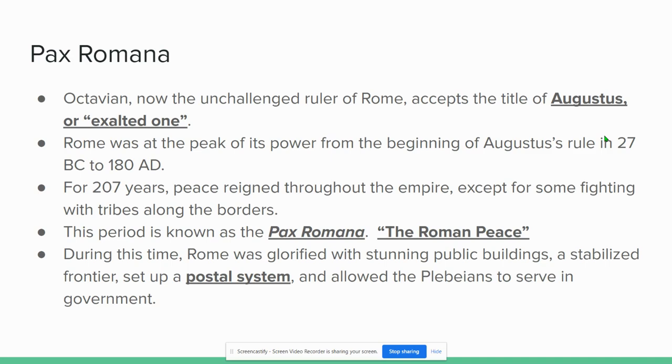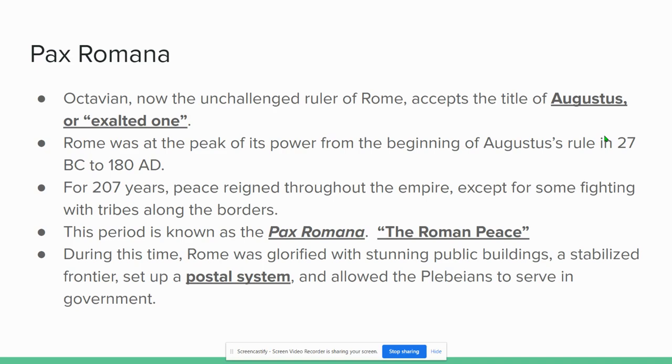So this is the beginning of it, but during the time from about 27 BC to about 180 AD, this is when Rome was at the peak of its power. And it all starts under Augustus, Octavian, under his rule.